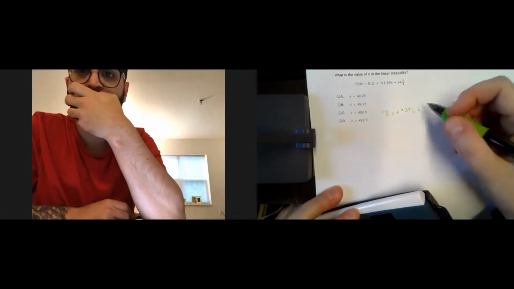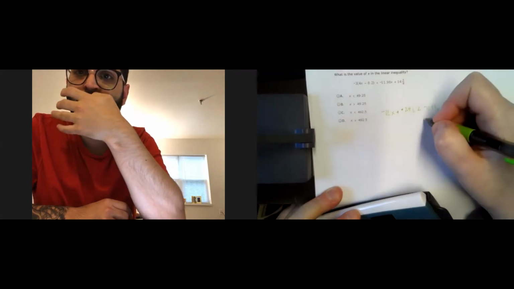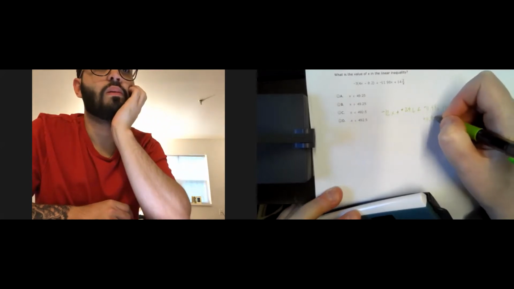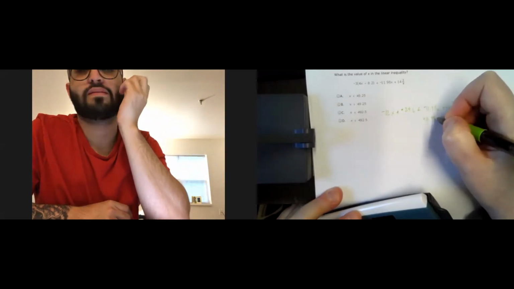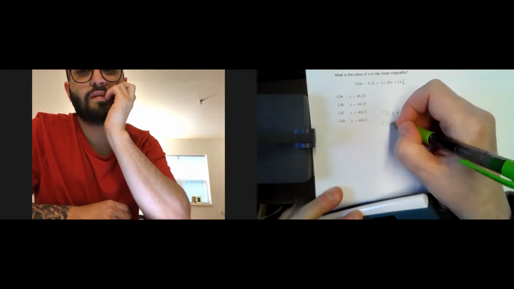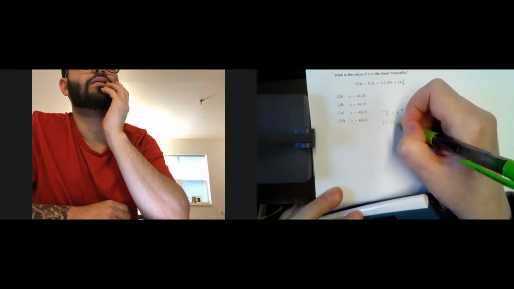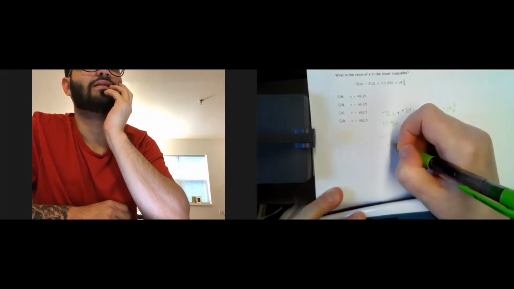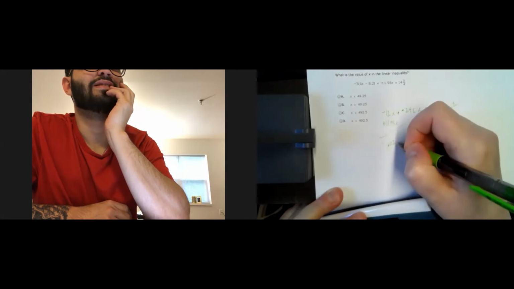So in this case, let's get rid of this 11.98. So 11.98 plus. Same on this side, 11.98, which equals 0.02x.